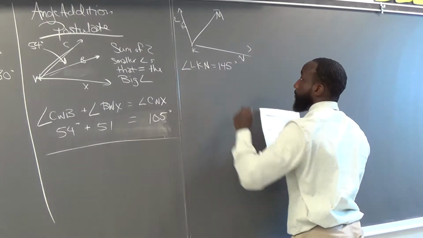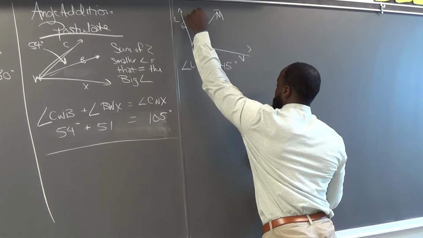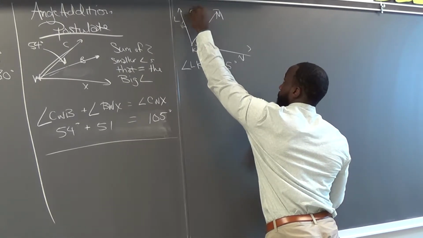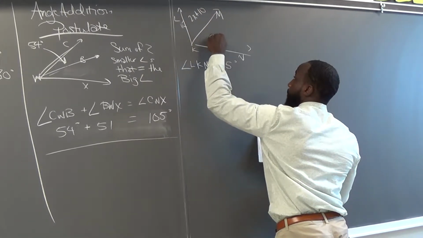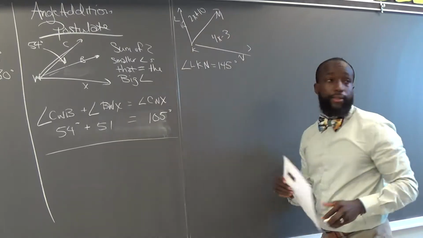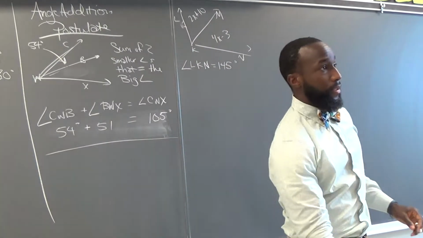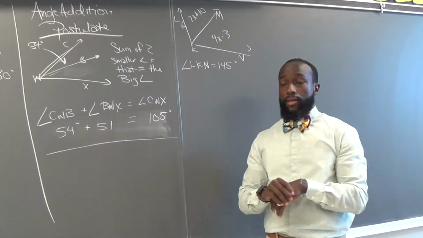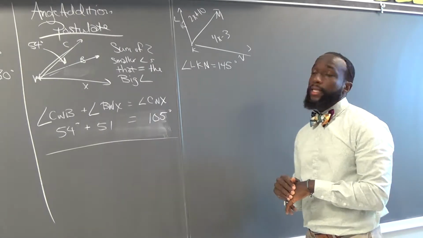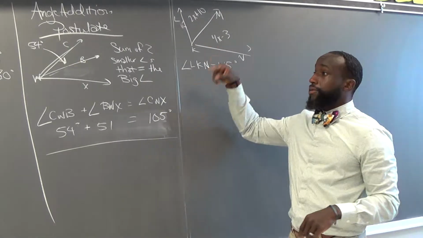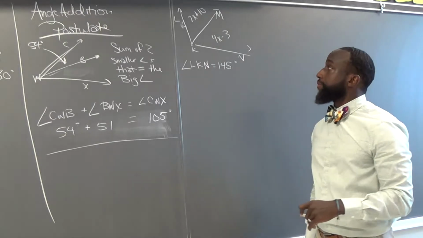This is 2x plus 10, and this angle is 4x minus 3. Alright, we good so far? We need to find the measure of these angles.